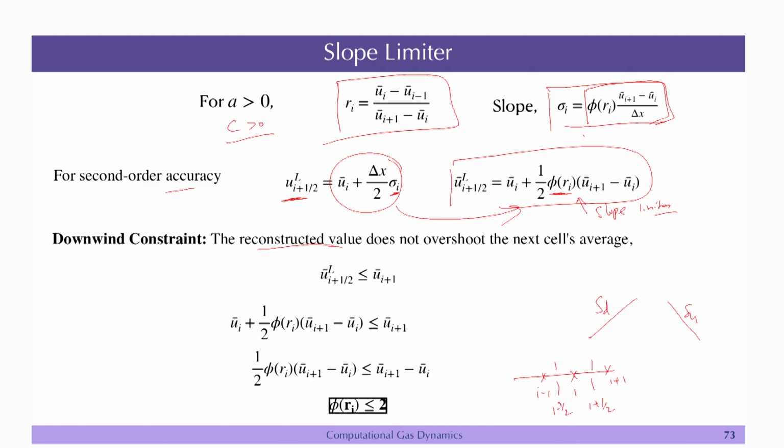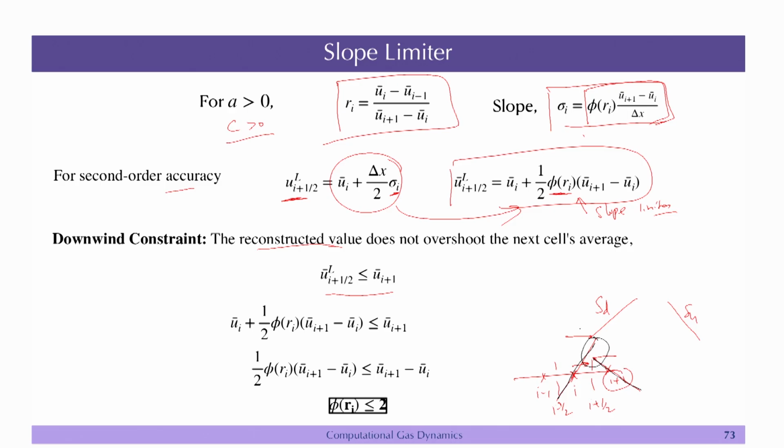So, look at the downwind constraint, basically whatever value that you are getting from this reconstructed from I to I plus half, okay, that should not be bigger than the value you have in I plus 1. Okay. Let us say you have this value here and I plus 1 is here. Okay. I think I should make it like this, and this is going like this. Okay. Then when you reconstruct, when you move it forward, then if we still violate this, it will even overshoot.